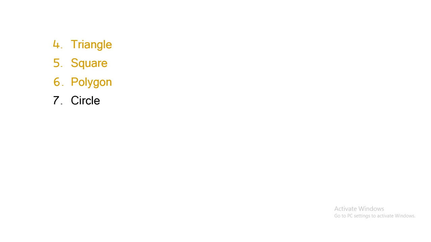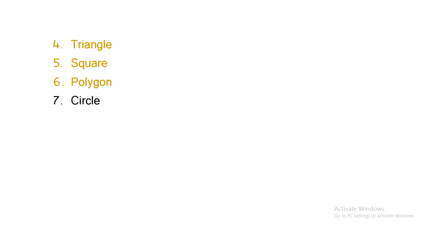Number 7 is circle. A circle is a plane set of all those points which are equidistant from a specific point, and this point is called the center.